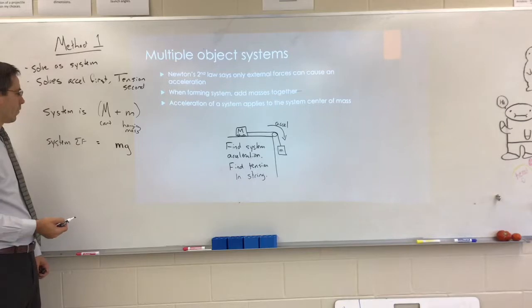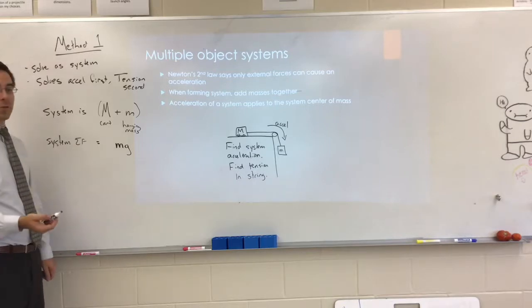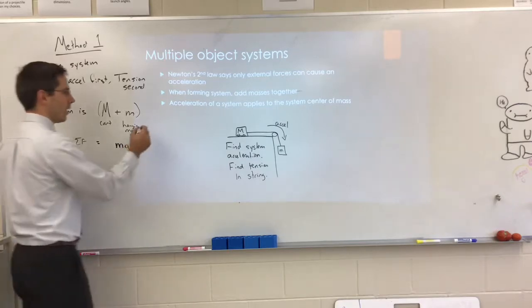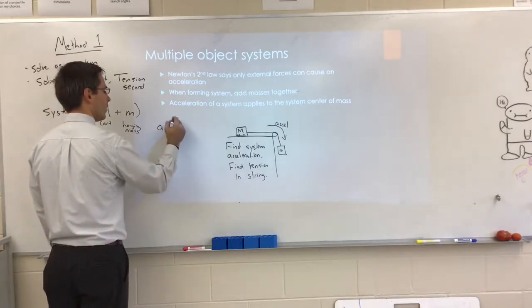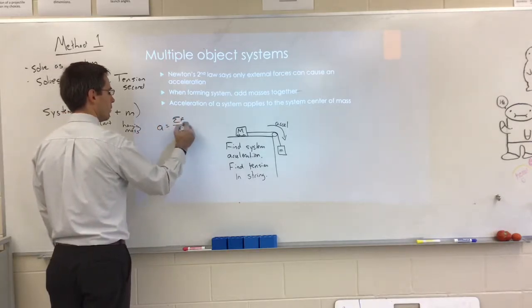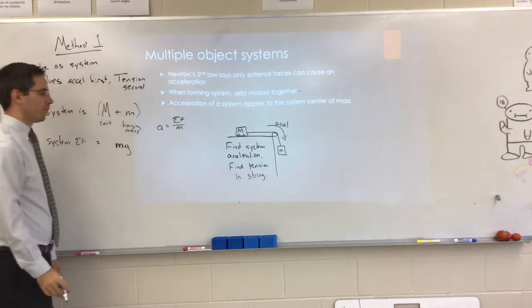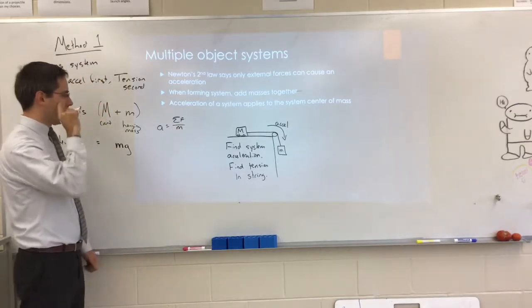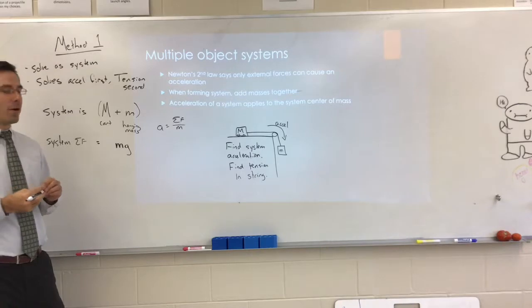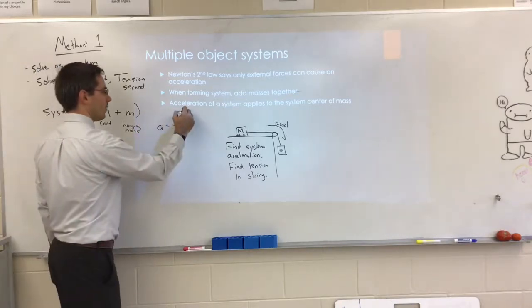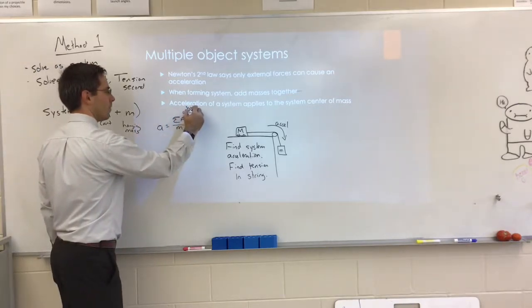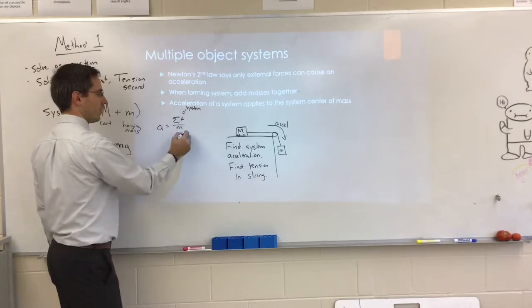And from here, we can just use Newton's second law on the entire system. And we can say, all right, acceleration equals net force over mass. And when we're doing this, we have to be careful about our variables, because this is the system.